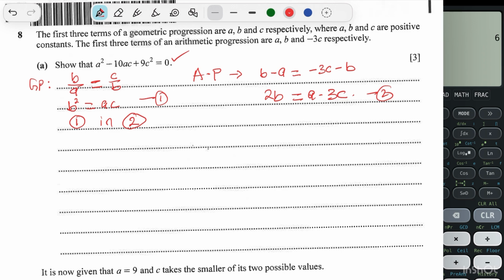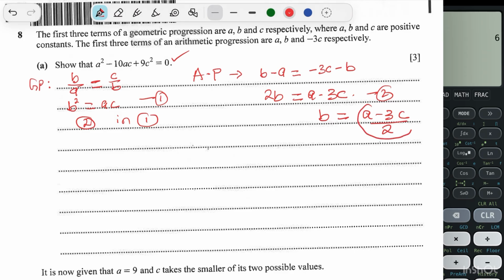So 2 in 1, or 1 in 2, it doesn't matter. Let me put 2 in 1 so it will be easier for me, since I can make b the subject. So b here will be a minus 3c over 2.